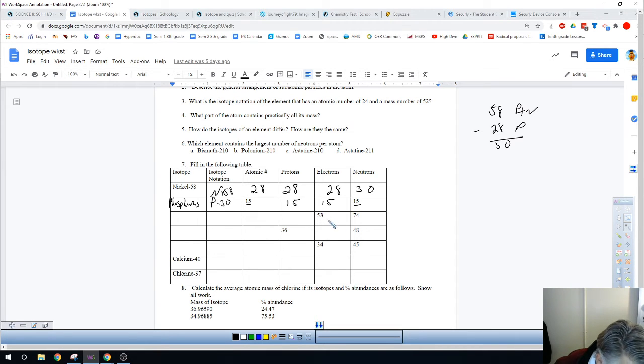53 electrons is going to be iodine. And iodine has an atomic number of 53. So it has 53 protons, 53 electrons, and 74 neutrons. So 74 plus 53 gives us 127.